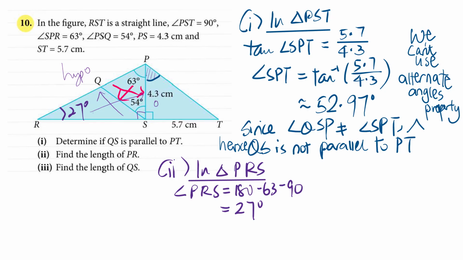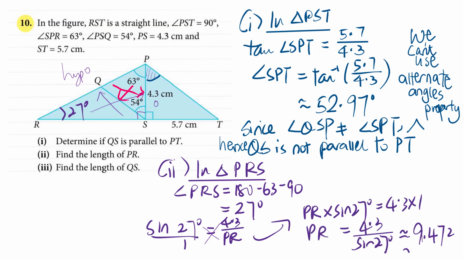Sine 27 equals 4.3 over PR. We can write sine 27 as sine 27 over 1 and cross multiply. So PR will be 4.3 divided by sine 27, and that gives you 9.47 centimeters.